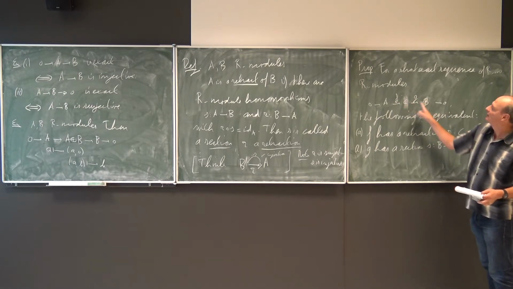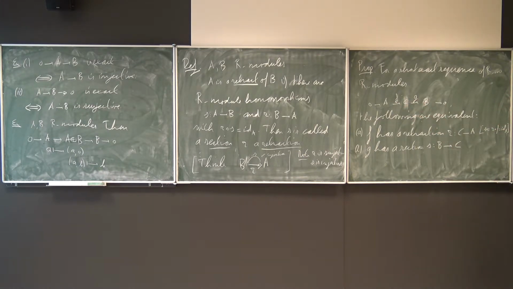So it basically needs in either case a map in the opposite direction with a nice property.